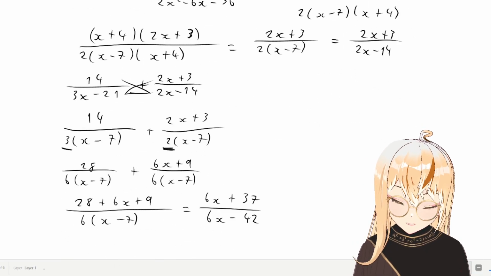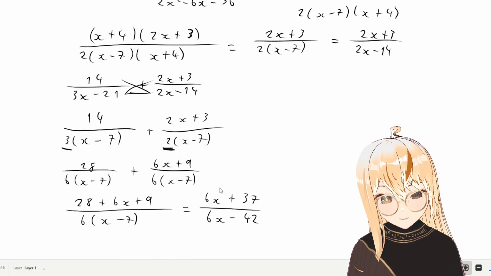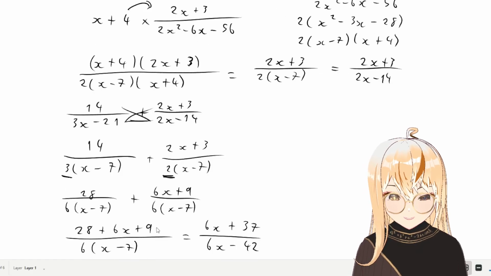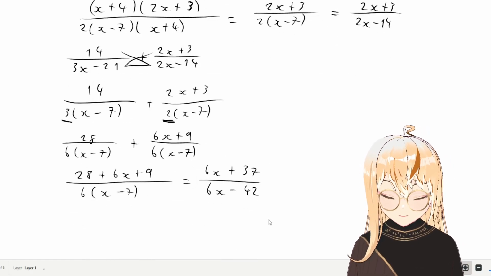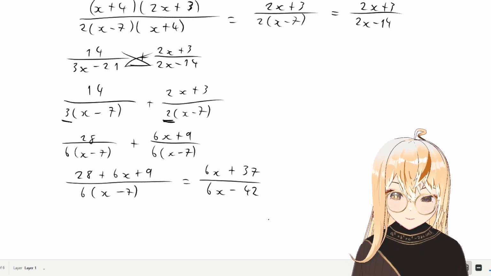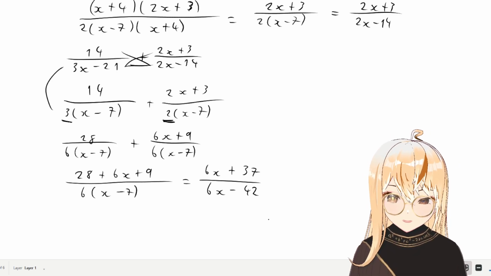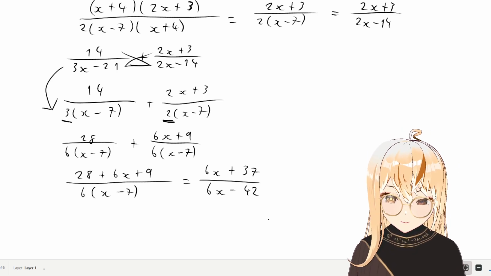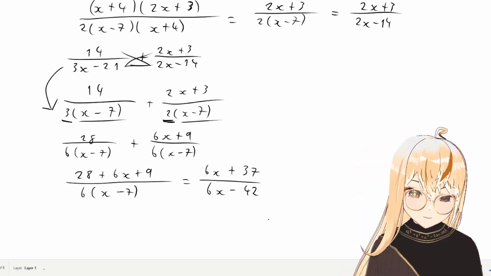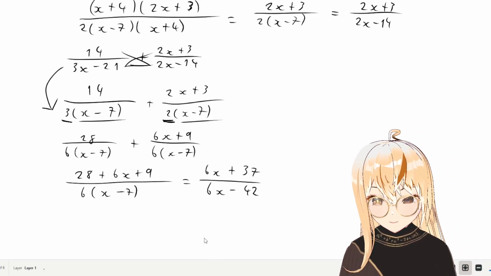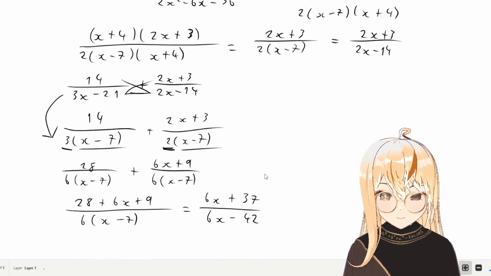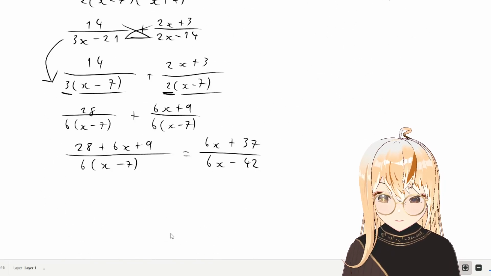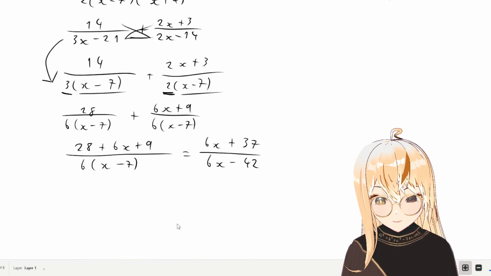It's not too difficult, but writing. So yeah, always be on the lookout for things that will help you in the long run. For example, like how we simplified the denominator here, and then we noticed that we've got the same thing in the denominator, so that helped us a lot. And there's always these little tricks that will help you solve questions easier or make fewer mistakes on the way.